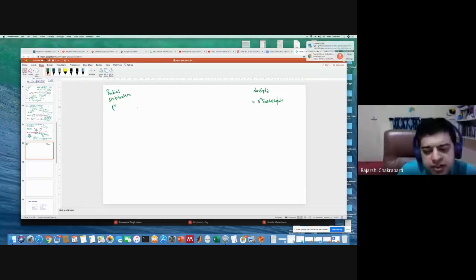Now, if you plot the radial distribution function for the 1s orbital, what is this? This is psi of 1s whole square times this. So psi of 1s whole square is going to be, what is that? If you take the square of this, then multiply this with 4 pi r square.